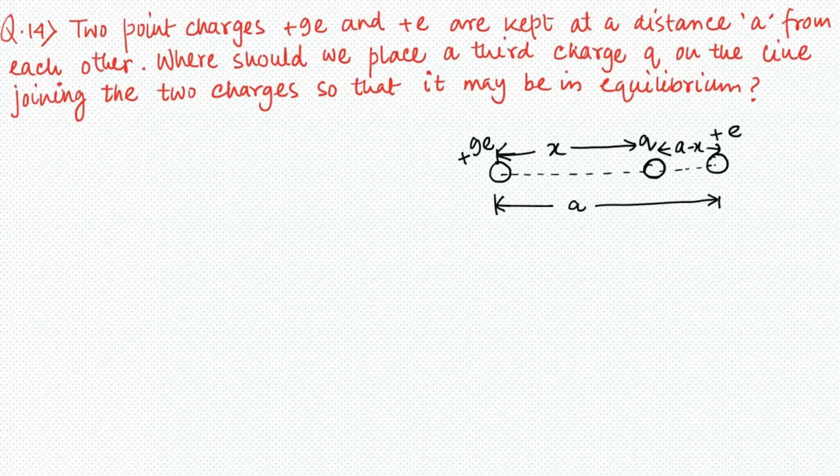Now the force of repulsion at Q charge due to +9e is F1, and the force on Q charge due to +e charge, we are assuming this is F2. Now this F1 and F2 are equal and opposite to each other. So we can write that F1 is equal to F2.